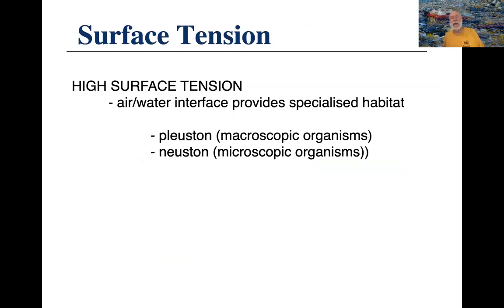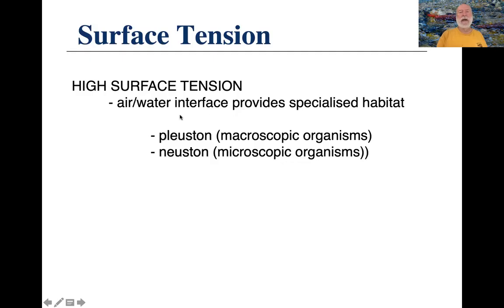Now, another property of water that's a bit unusual is that water has a very high surface tension, okay? There's almost a film at the surface of the water that's difficult to break through. So that high surface tension creates a specialized habitat at the surface of the water.